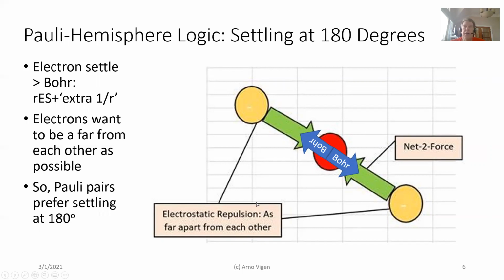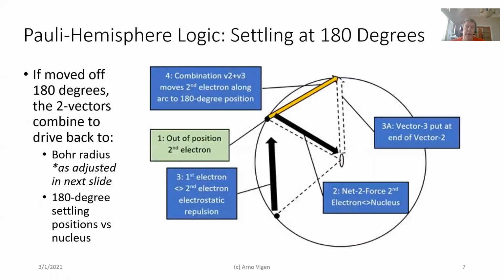As a result, electrons want to be as far away as possible. That leads to Pauli hemisphere pairs. And that is the basis that these electrons are repulsive to each other, but attracted up to that wall of repulsion at the Bohr, inside the Bohr radius.